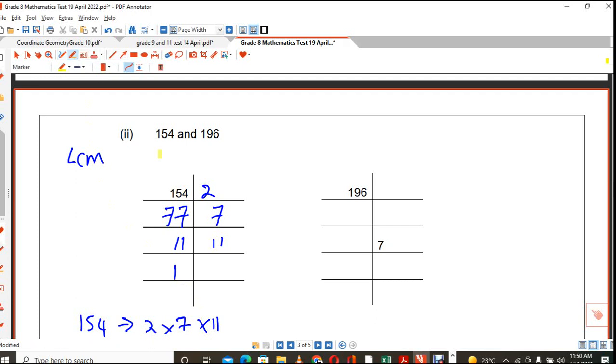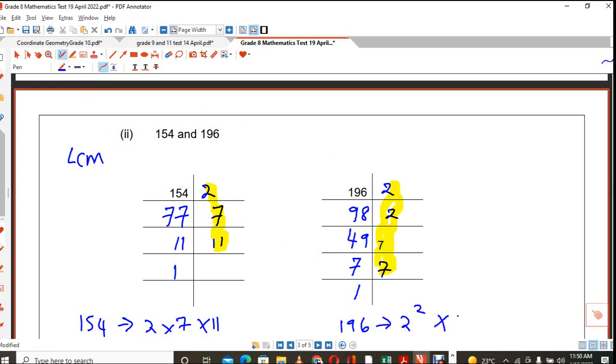You must realize the numbers here must be prime numbers only. Half of this number, half of this number. Now I put 7 there. How many times is 7 going in 49? So the numbers on this side should just be prime numbers. So 196 is nothing but 2 squared times 7 squared.